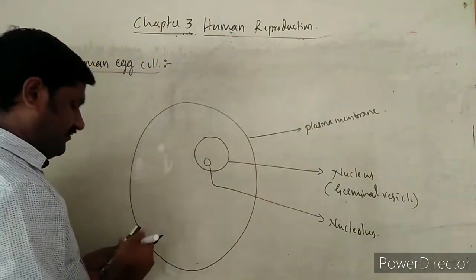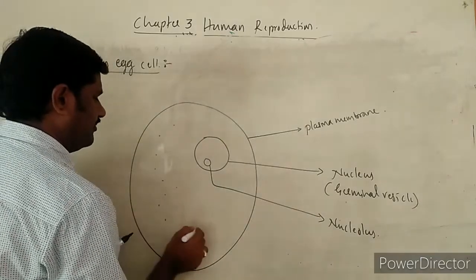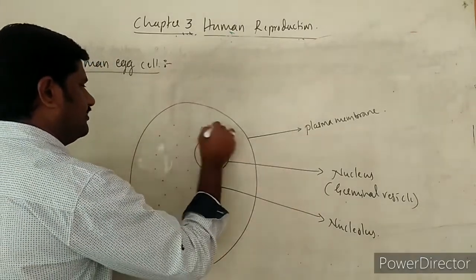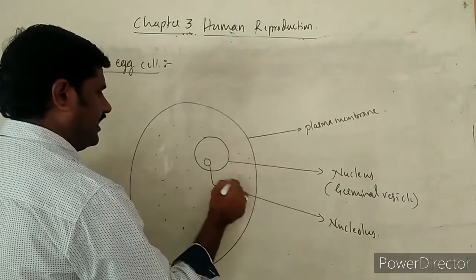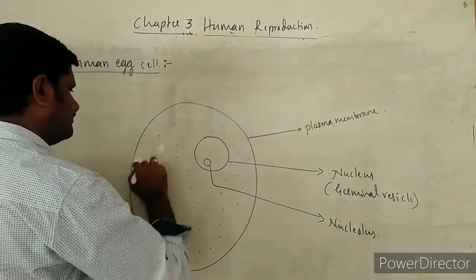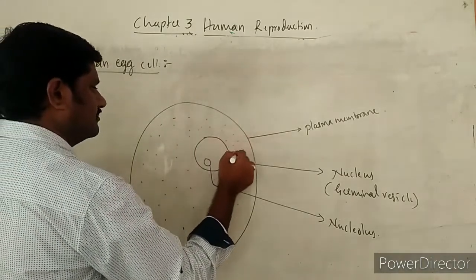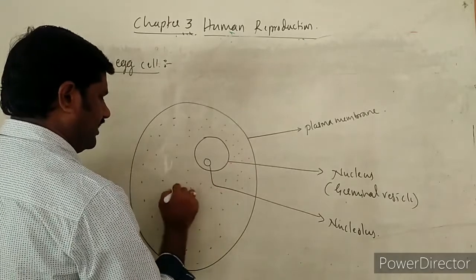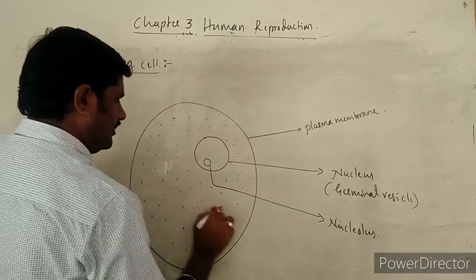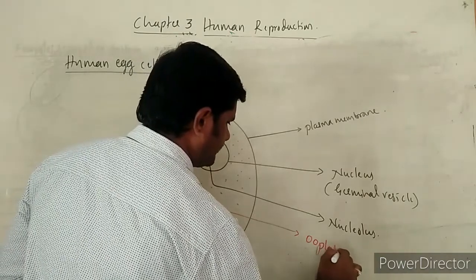Apart from this, whatever you come across here is the cytoplasm, and the cytoplasm of the human egg cell is called ooplasm.